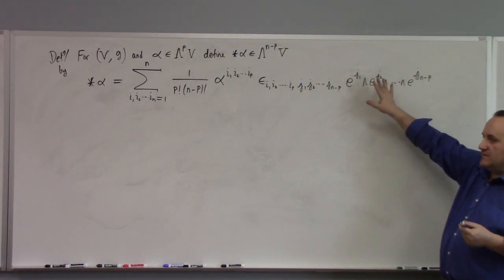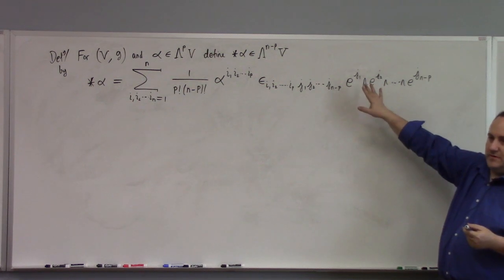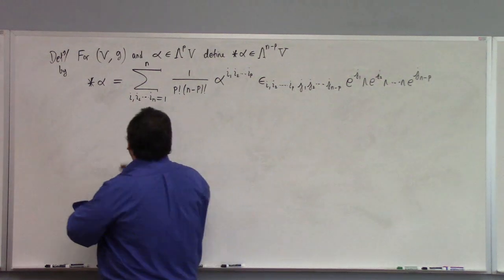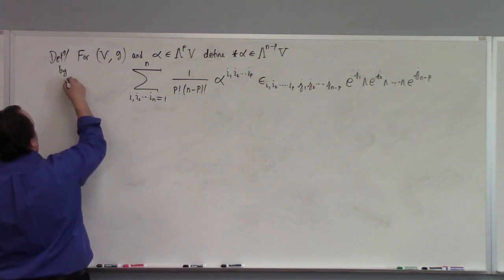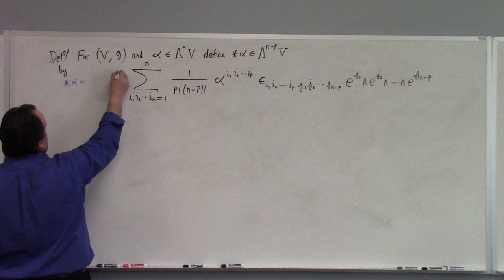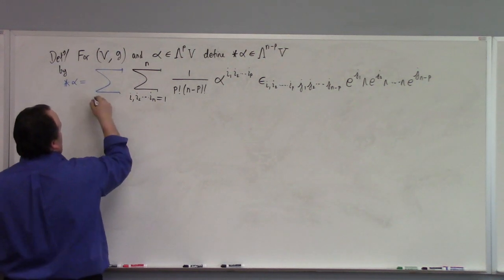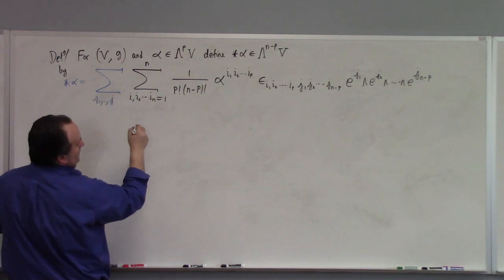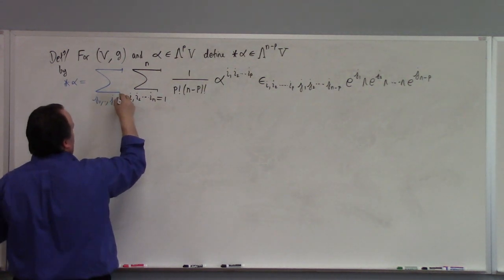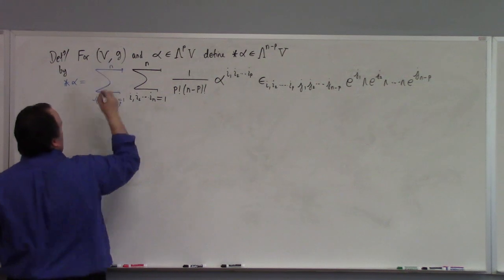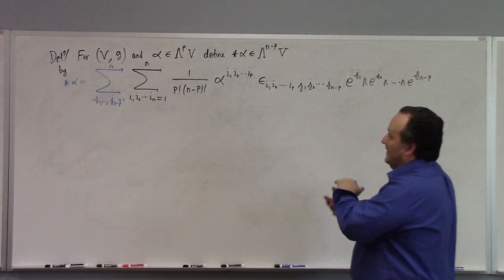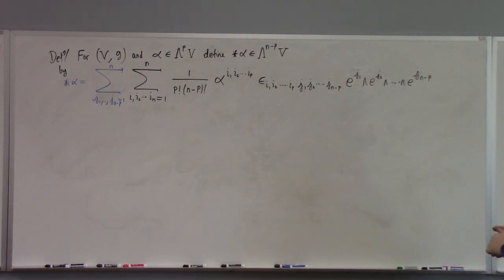But I'm not working relative to that convention here, so I still owe you another summation over the j indices. So there you go. That's the definition of Hodge duality.